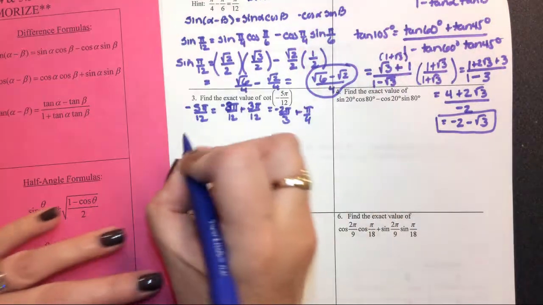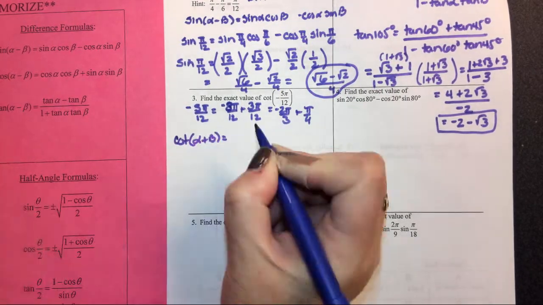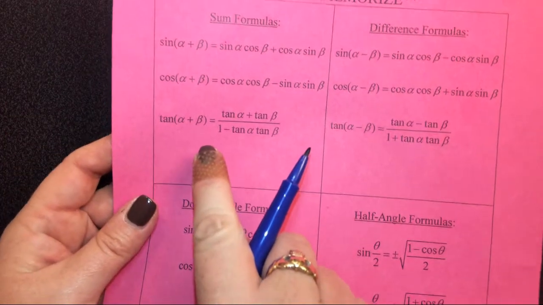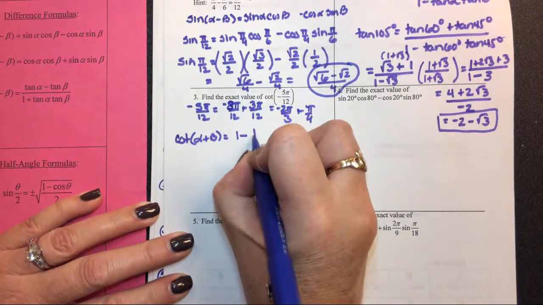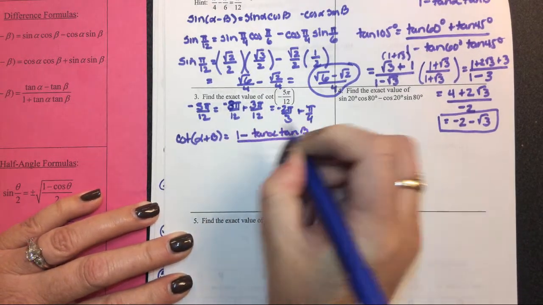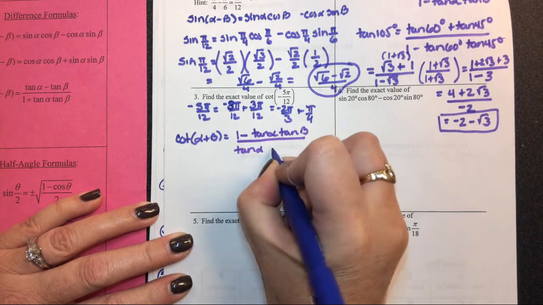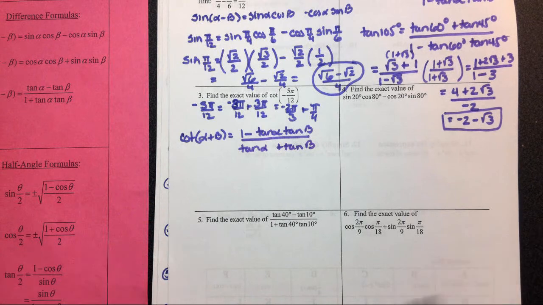So the cotangent of alpha plus beta is just going to be the reciprocal of your tangent sum formula. So it's going to be 1 minus tangent alpha, tangent beta, all over tangent alpha plus tangent beta. So all you're doing is taking the reciprocal.